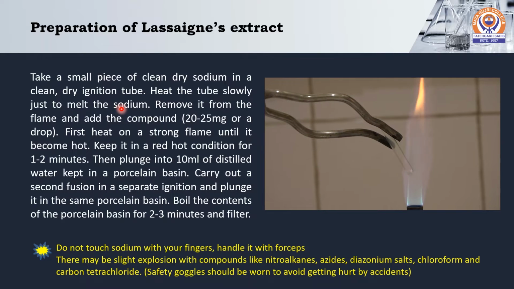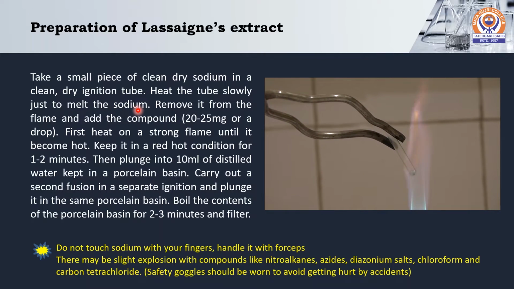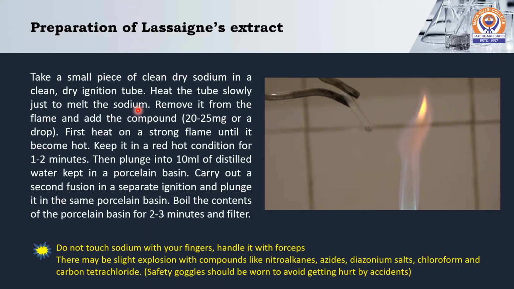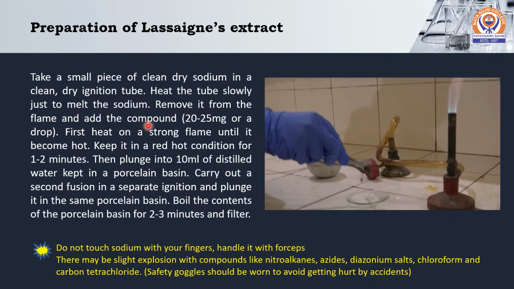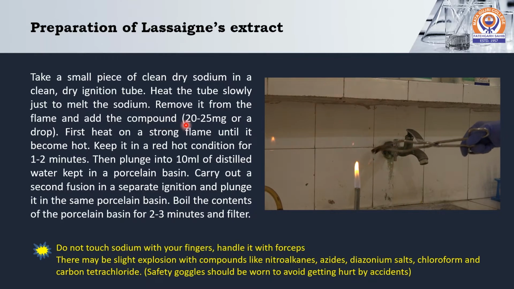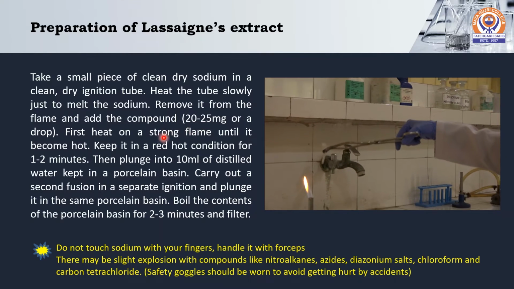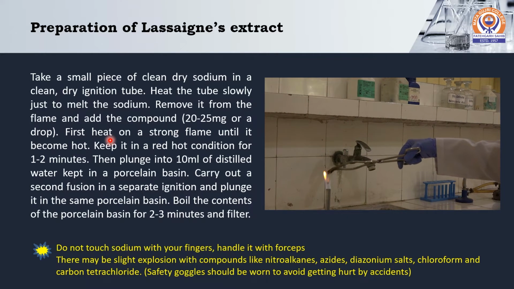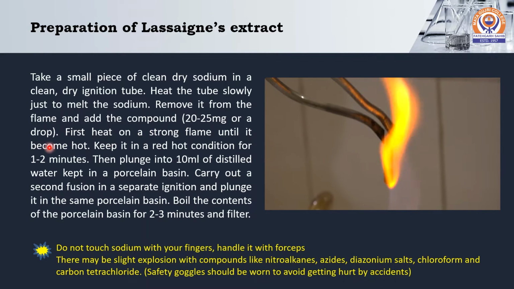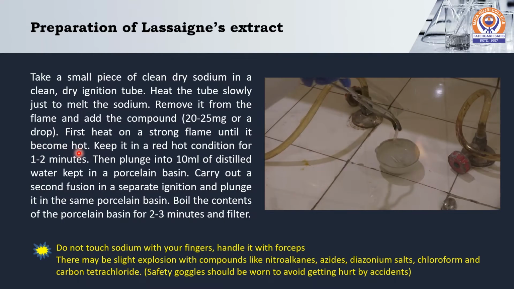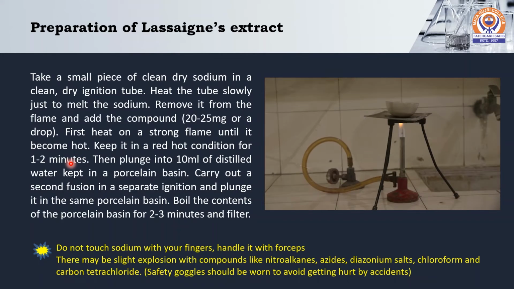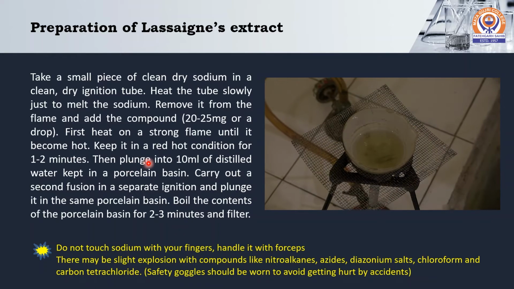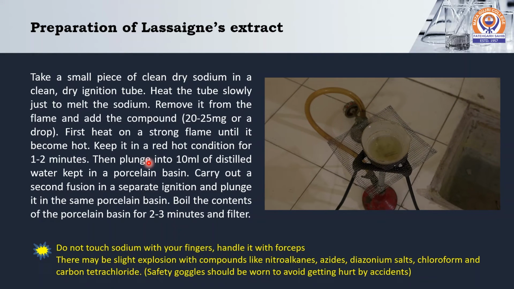You can see in the video a shiny bead will form, and then we will add a little quantity of organic compound to it, heat it gently, and then heat it strongly to make it red hot. Then we will plunge this ignition tube in a porcelain basin and heat it to reduce the volume to 1/3. So this is how we have prepared Lassaigne extract.